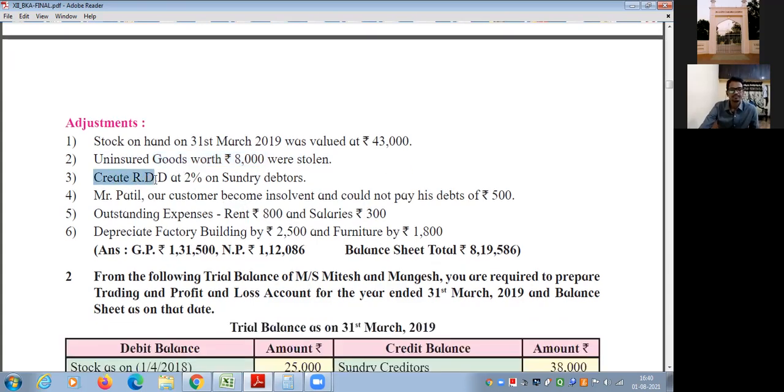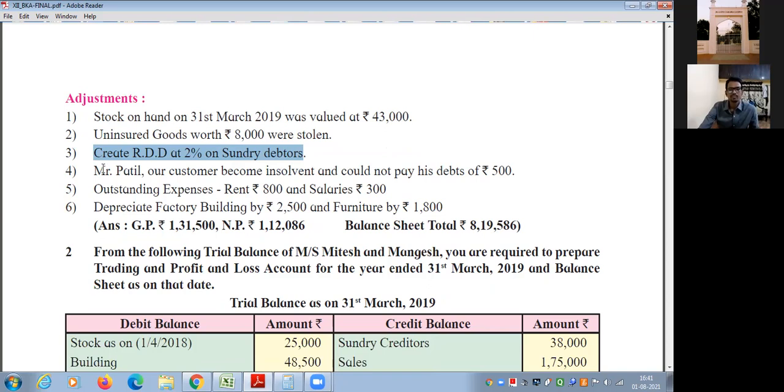Third adjustment: create RDD at a rate of 2% on sundry debtors. So we have to check the debtors and calculate 2% as bad debts, RDD. The fourth adjustment is that one of our customers became insolvent and could not pay his debts of rupees 500.